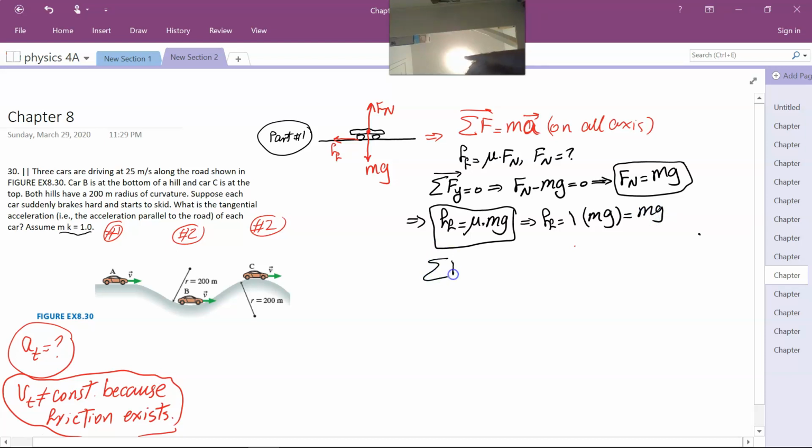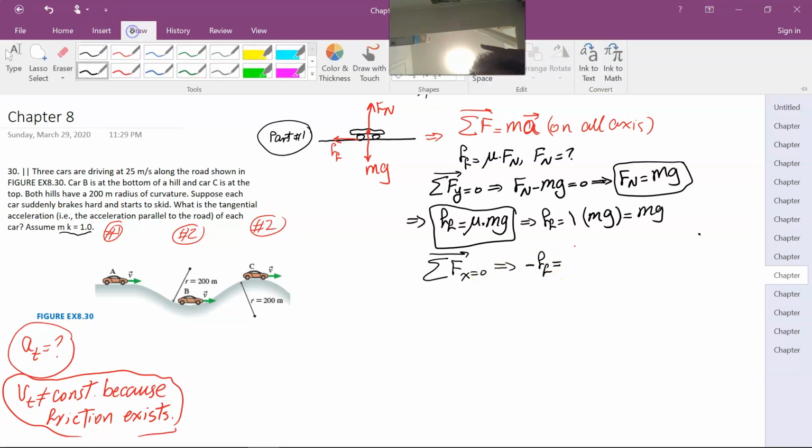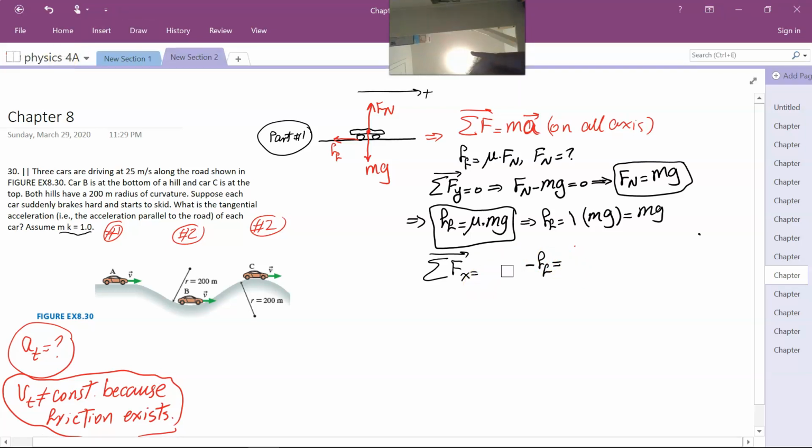Now I have to apply sigma F on the x-axis, correct? How many forces do we have on the x-axis? Only one. What is that? It's the friction force. Your car goes this direction, the force is in the opposite direction, so that will be minus Ff equals ma, because you have acceleration on the x-axis.